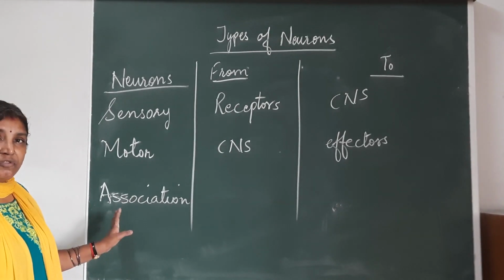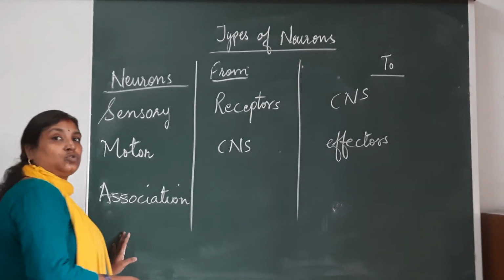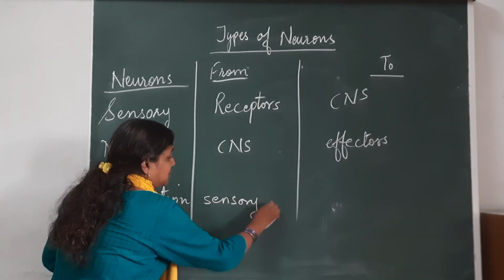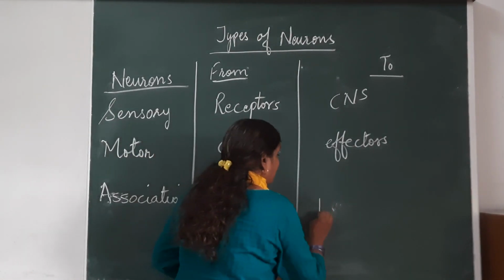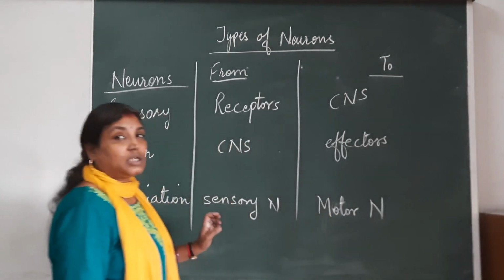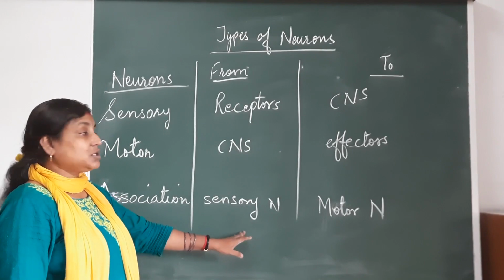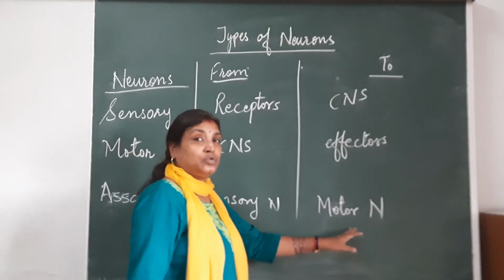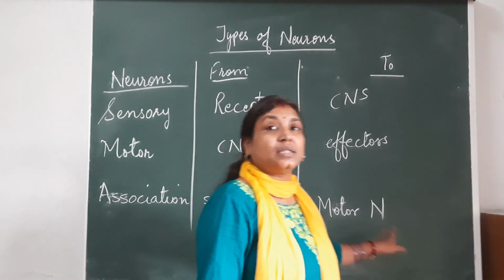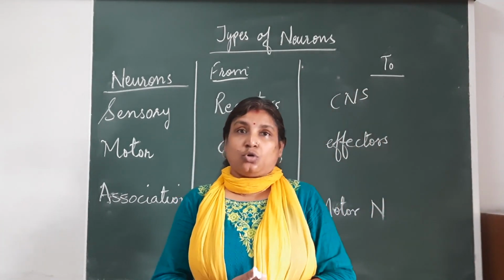The function of this association neuron is to carry impulse from sensory neuron to motor neuron. It will generate a response and pass on the message from sensory neuron to motor neuron. So these are the types of neuron.